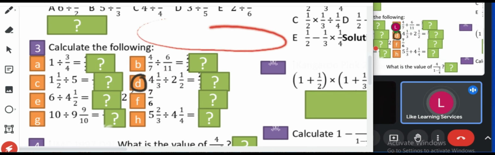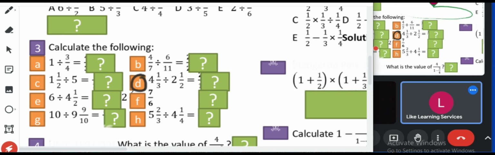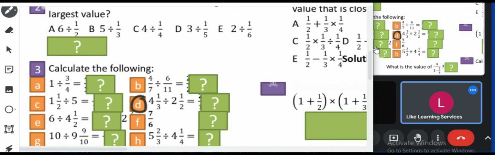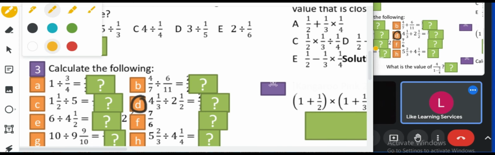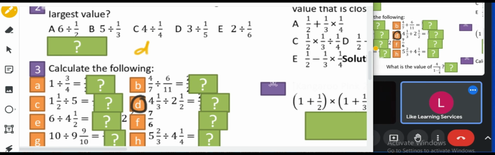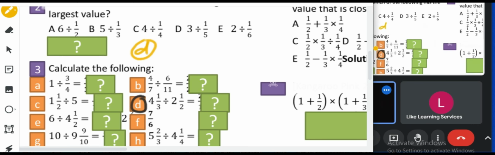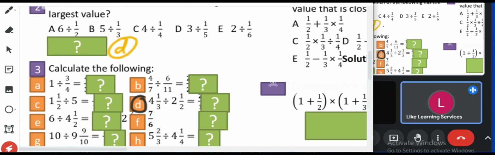Can we just squeeze it in here? Put it up there.